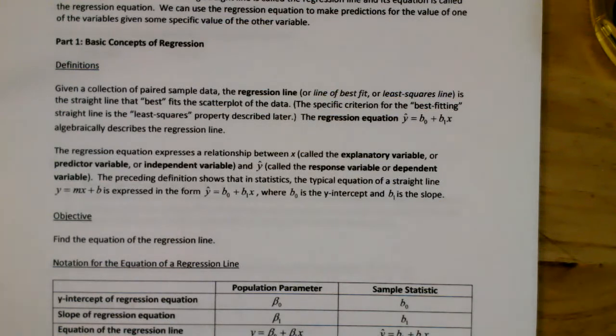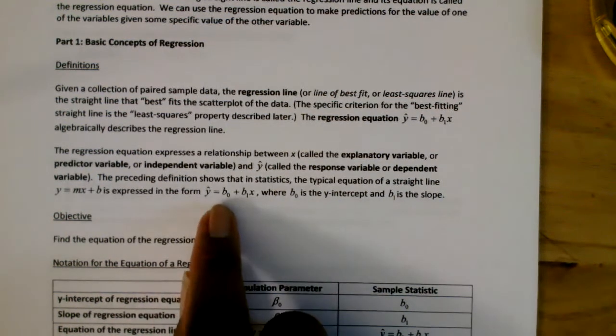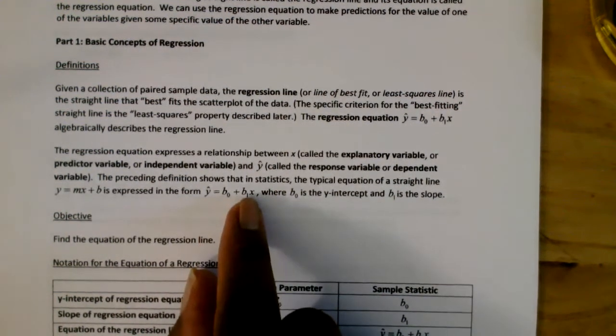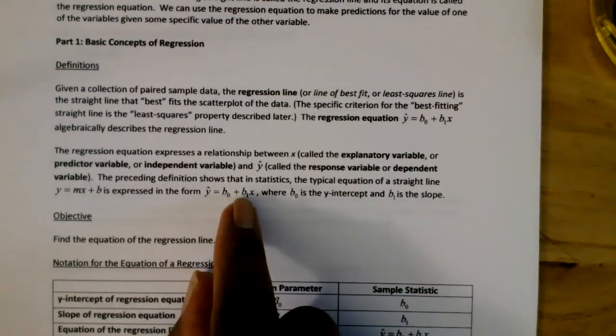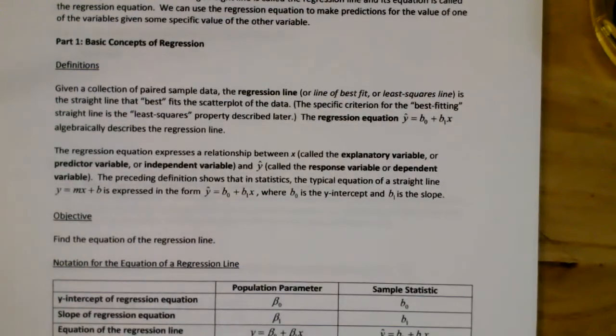And if you recall, the coefficient of your x term, when it's written in y equals mx plus b, is your slope. And then the b is the y-intercept. Now, in this case, you'll notice that the y-intercept is written in front, and then the linear part, where b sub 1 is going to be your slope.